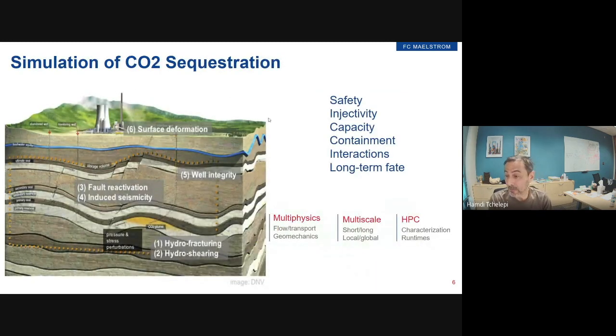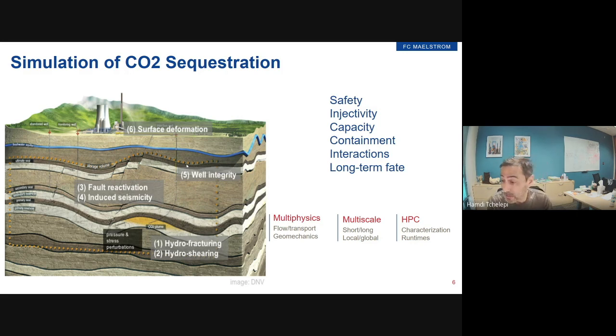So now we want to delve a little bit into what we mean by sequestering the CO2 into the subsurface. If you look at the cartoon here, you see that below the surface is a very complex system of formations that vary in composition, in properties, in fluid content, and so on and so forth.